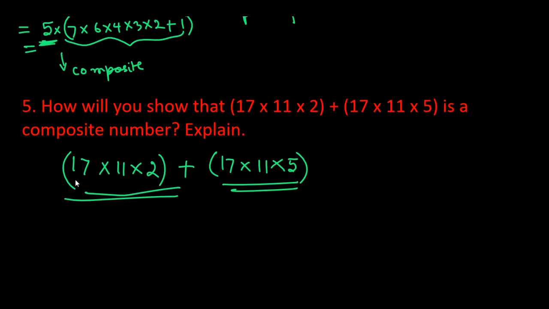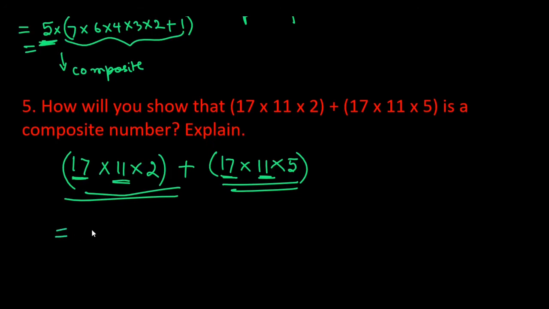Now, here we have 17 as a factor, and here also 17 is a factor. Here 11 is there, here also 11 is there. So 17 into 11 is a common factor for both these products.